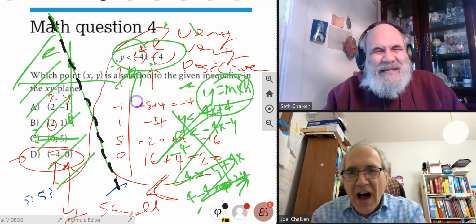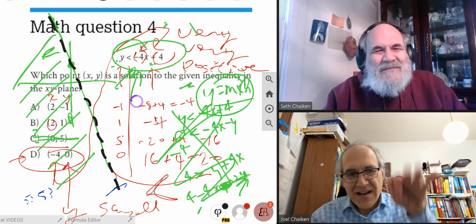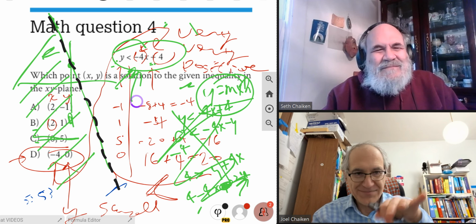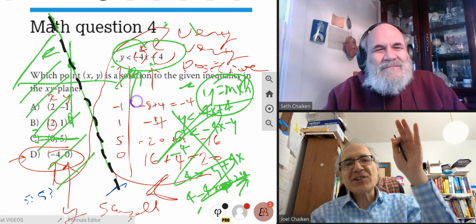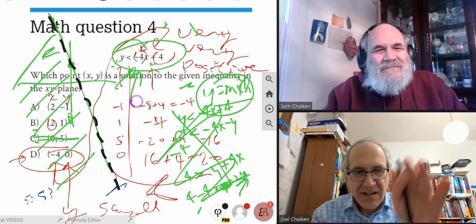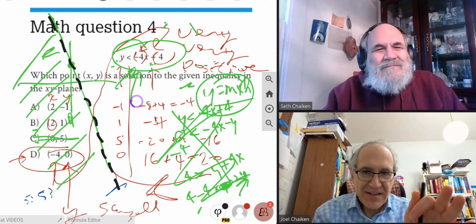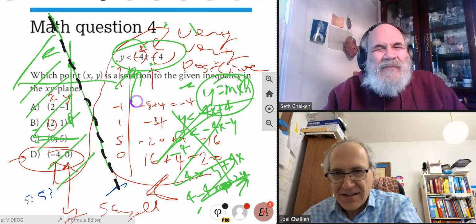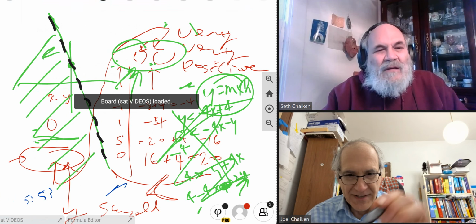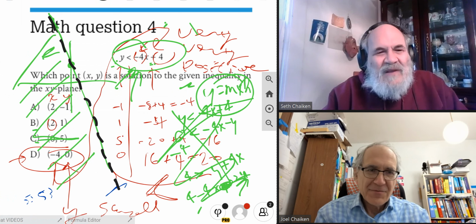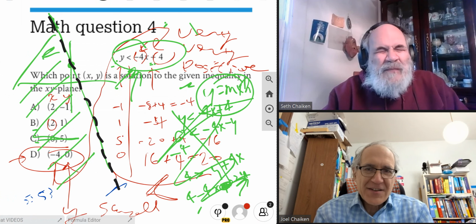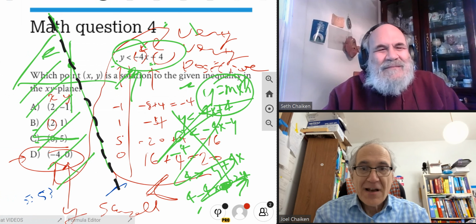Because the y value has to be less than, lower than the equation, the equality line. So because it's lower than, you do the left side. Which is, of course, a challenge for me because I sometimes get my right and my left confused. But I didn't make that mistake this time.